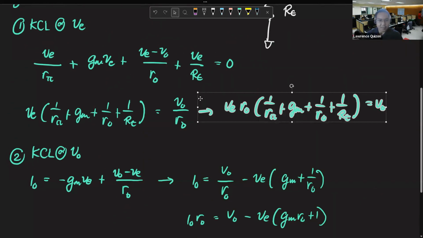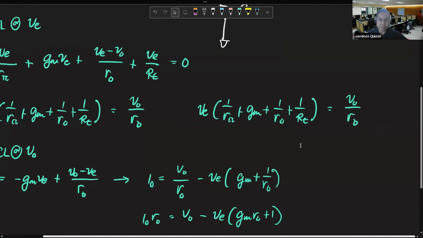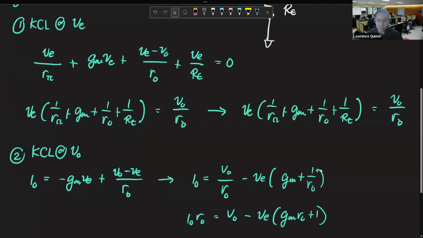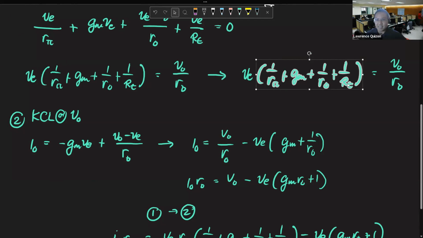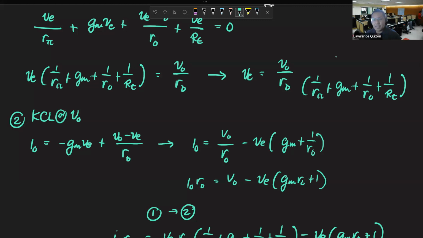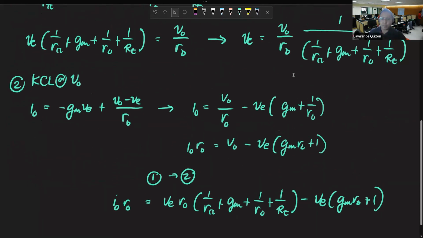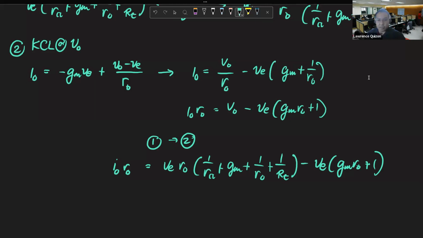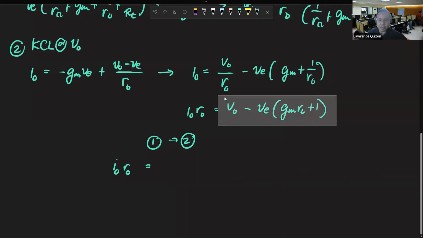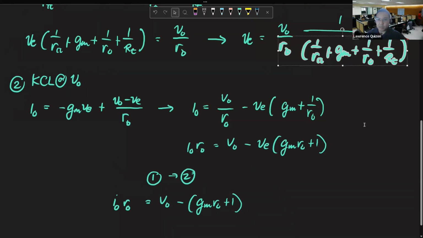Redo. So this thing turns into VE in terms of V out. So VE is what we're going to eliminate. All right? Which means that this is V out, and this VE, we'll replace with this.